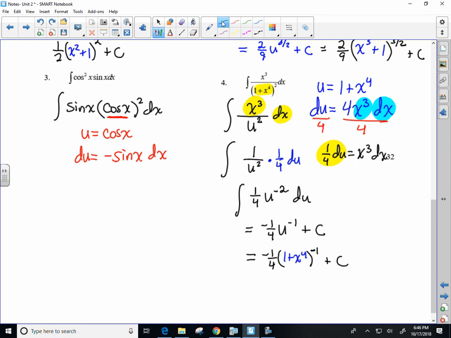Anyway, let me swap out the cosine of x for the u, take inventory.